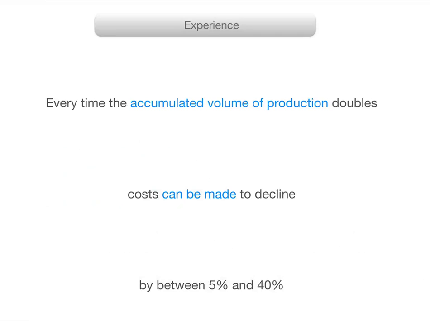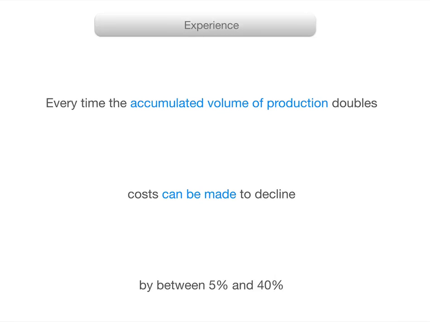And they divined a law, and here it is. Every time the accumulated volume of production doubles, costs can be made to decline by somewhere between 5 and 40%. The words in blue are important because it's not the volume of production, it's the accumulated volume of production.